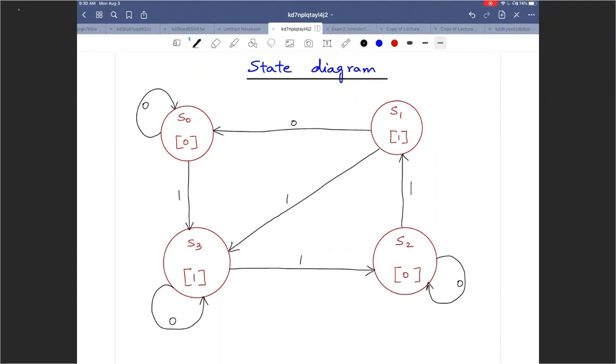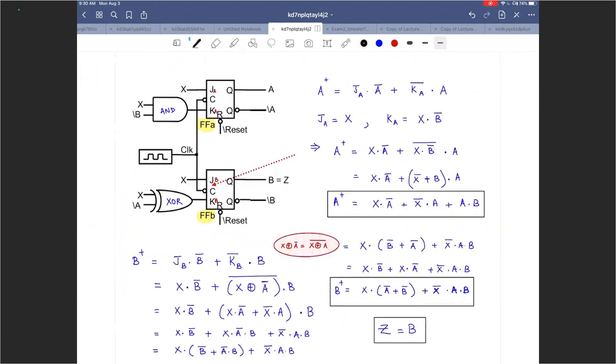So I hope you see that the crucial aspect of this, well, I believe there were 2 important things, right? One was to use the characteristic equations of the flip-flops. That was an important one. And the Boolean algebra to simplify.